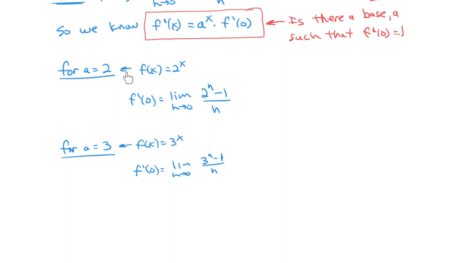So if a is 2, then here would be the function. The derivative of this function at 0 would look like this, right? From the work that we did above. Or maybe a equals 3. So in other words, the function is f of x equals 3 to the x. In that case, f prime of 0 would be this.